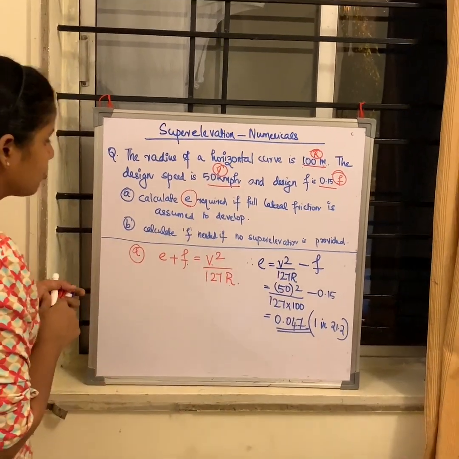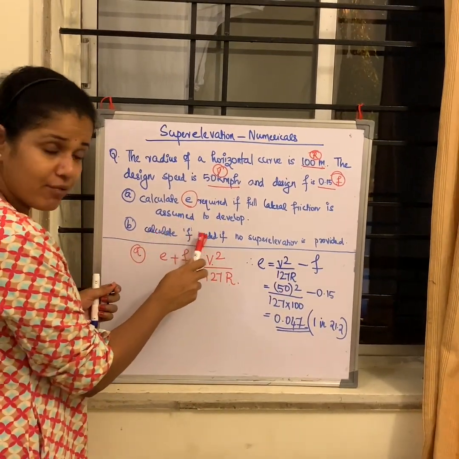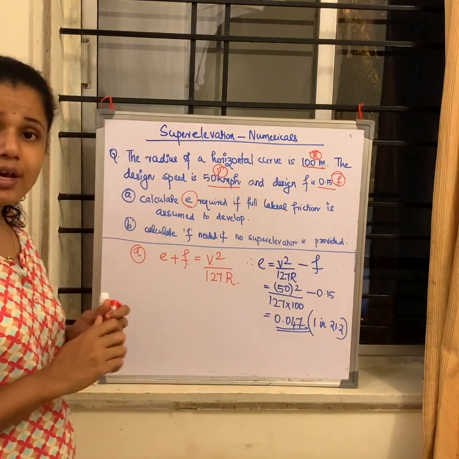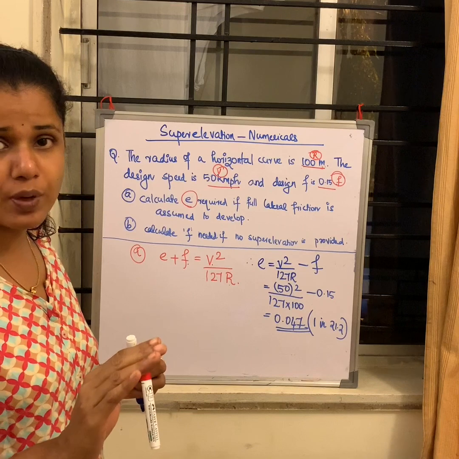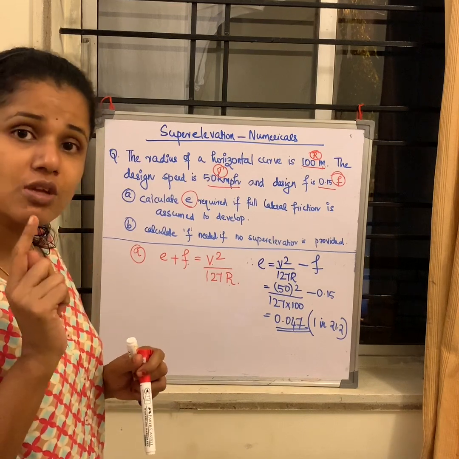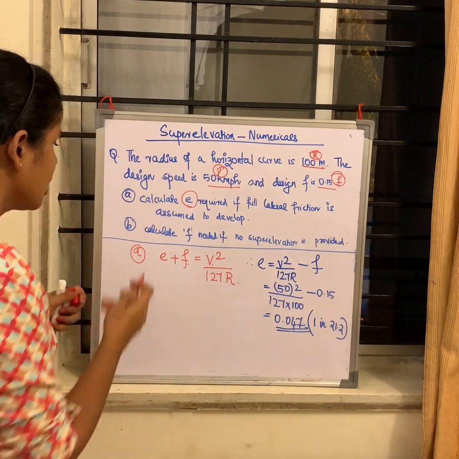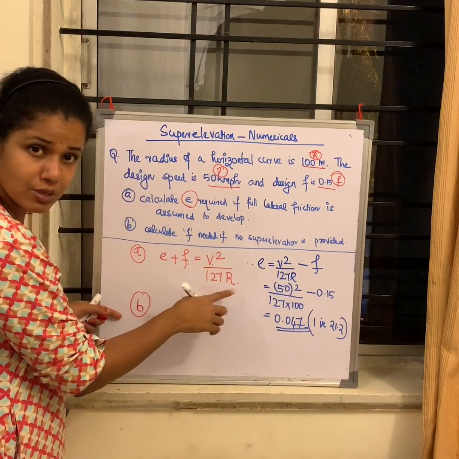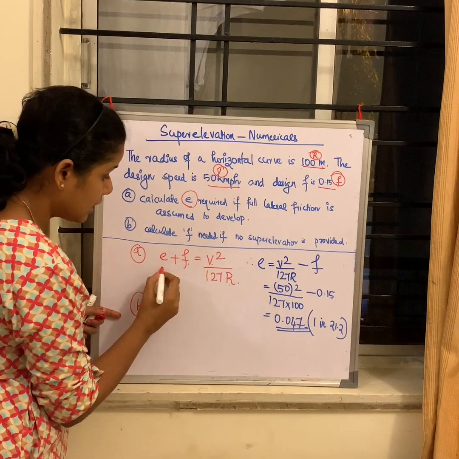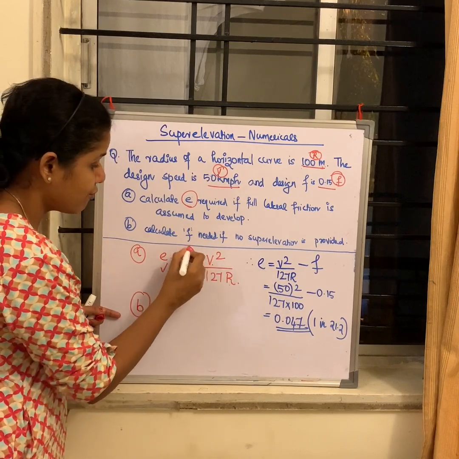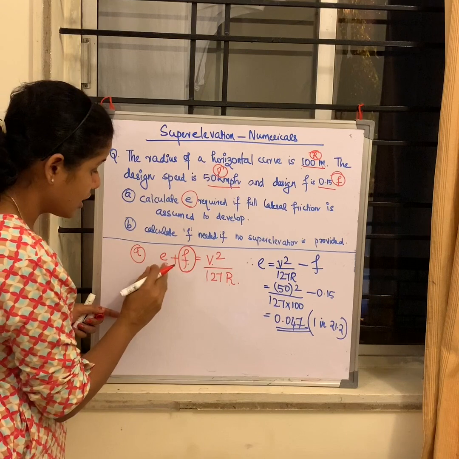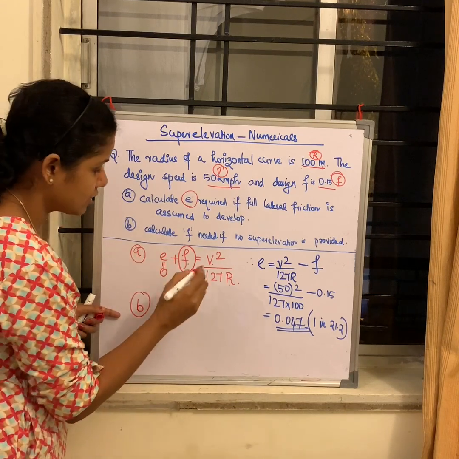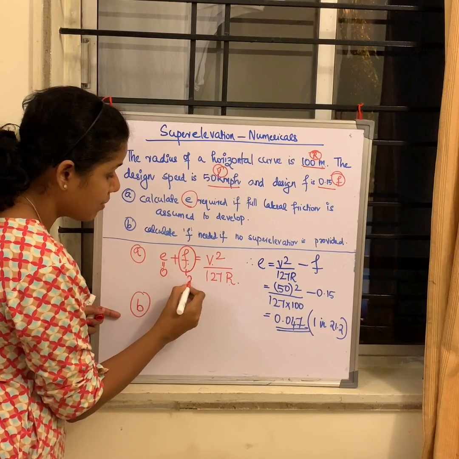The second part of the question is to calculate f needed if no super elevation is provided. Assume a scenario in which you don't provide super elevation, and see how much friction is required. I am going to use the same equation, e plus f is equal to V square by 127 R, in which e I need to assume as 0 because there is no super elevation, and f I am going to calculate.